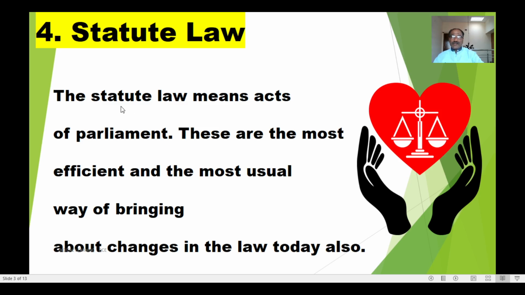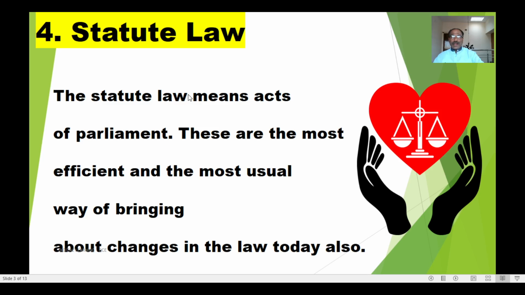If the statute law is approved and recognized by the governor of the state, that is also called the statute law at the state level. And if it is approved and recognized by the president of India, that law is the statute law at the central level.